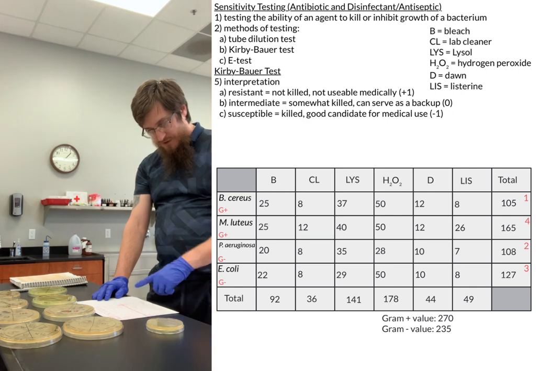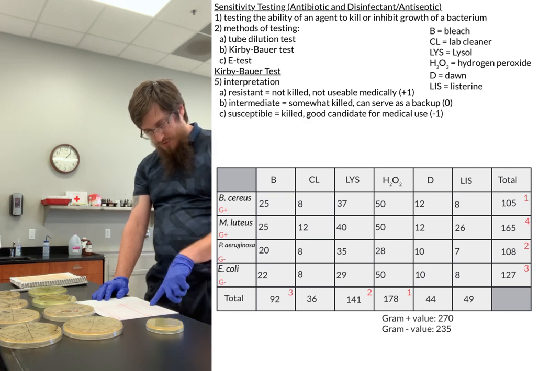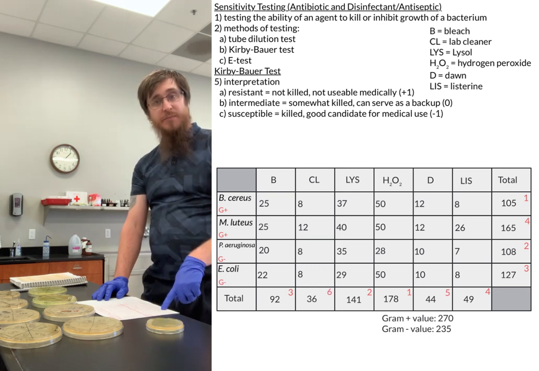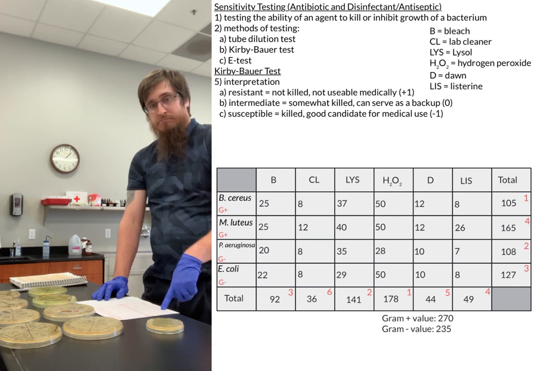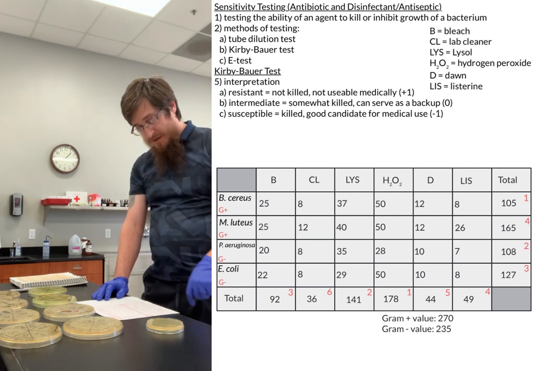So here it looks like hydrogen peroxide came out on top, then our Lysol, then bleach. Then Listerine, then Dawn, and then our lab bench cleaner. Makes you wonder about the lab bench cleaner coming out last, but guess we'll worry about that later.